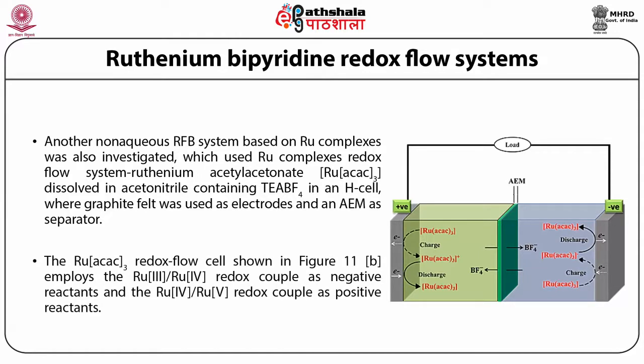The Ru(acac)3 redox flow cell is shown in the figure below, employing the Ru(III)/Ru(IV) redox couple as negative reactants and the Ru(IV)/Ru(V) redox couple as positive reactants.